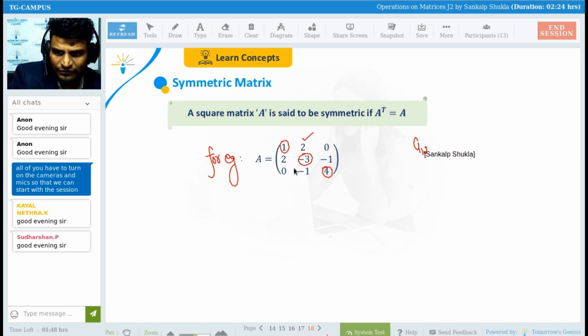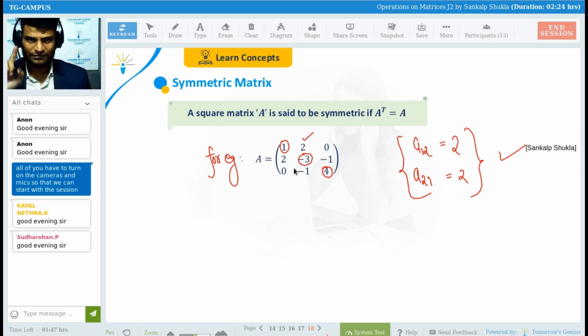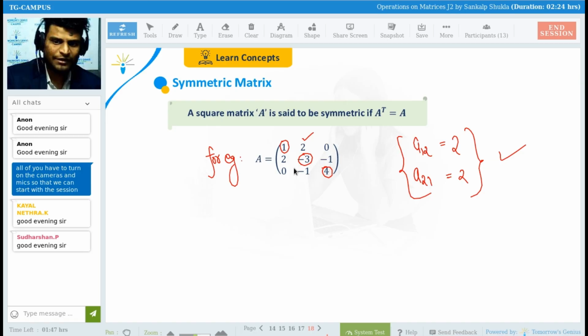A12 is 2, so again I'll check A21. A21 is also 2. So yes, one pair is there, but that doesn't make the whole matrix symmetric. If there is only one pair, that doesn't mean the whole matrix is symmetric. You have to check each and every pair.